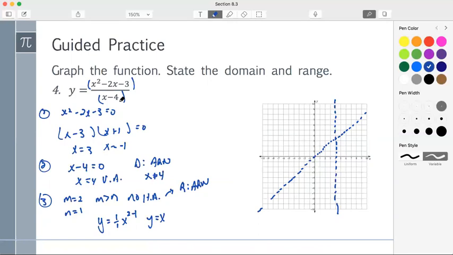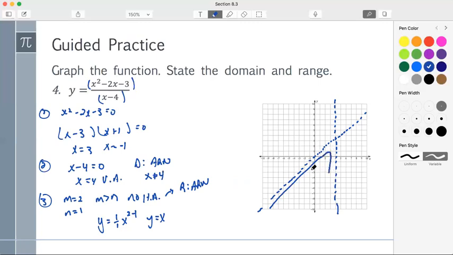And then I hit graph. Of course, I can't see a thing. So I'm going to hit zoom standard, zoom number 6. And it looks like it goes something like this.